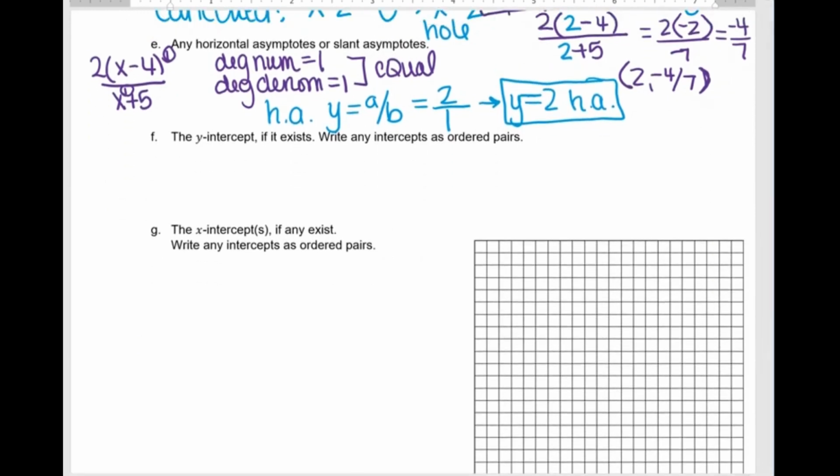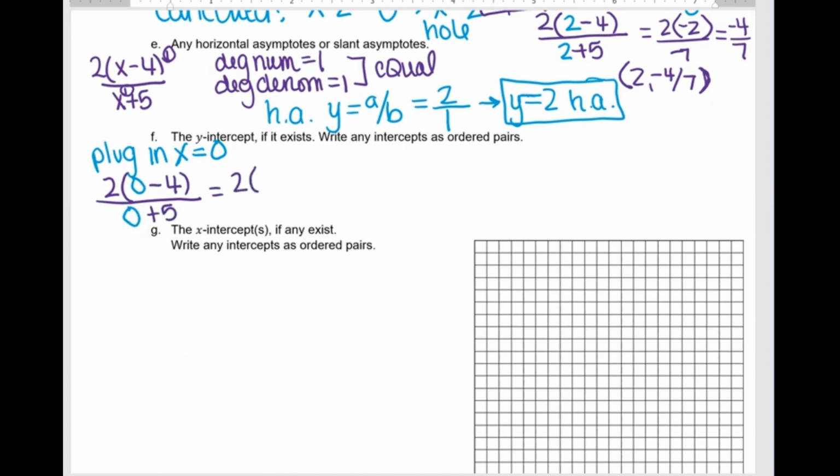Next, we need to find our intercepts. Our y-intercept, we plug in x equals 0, again into our simplified version. So I'm going to have 2 times 0 minus 4 all over 0 plus 5.